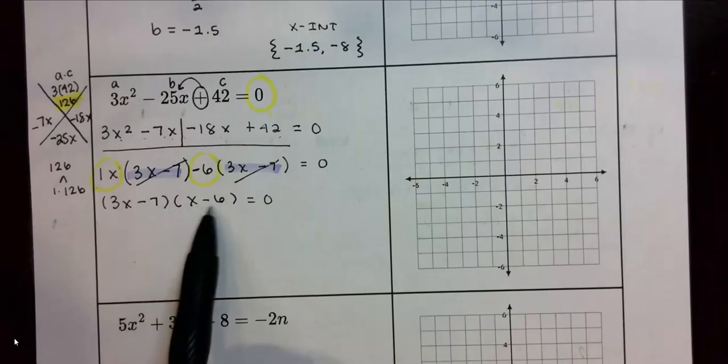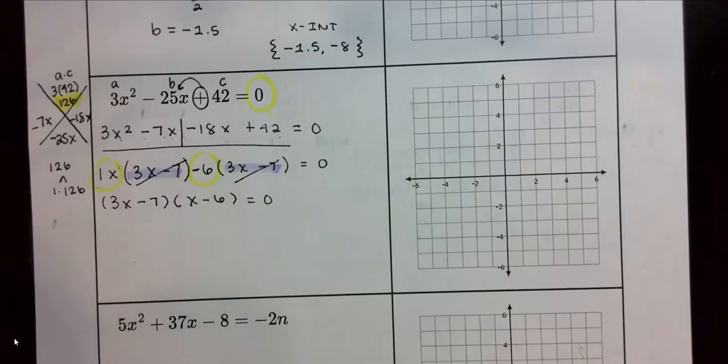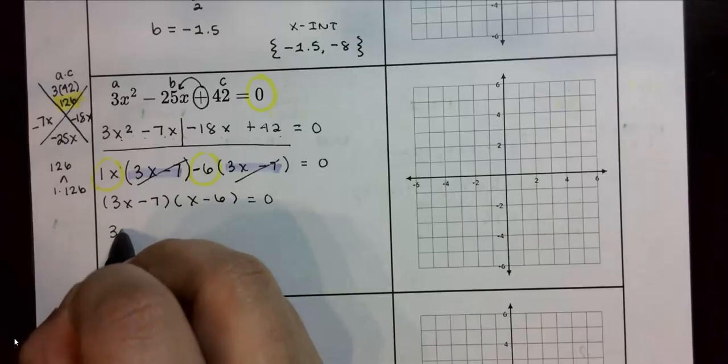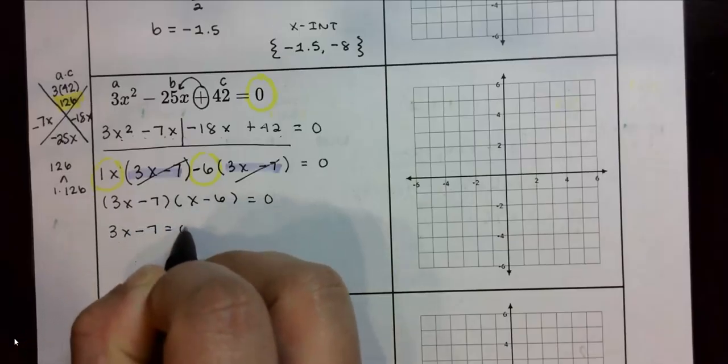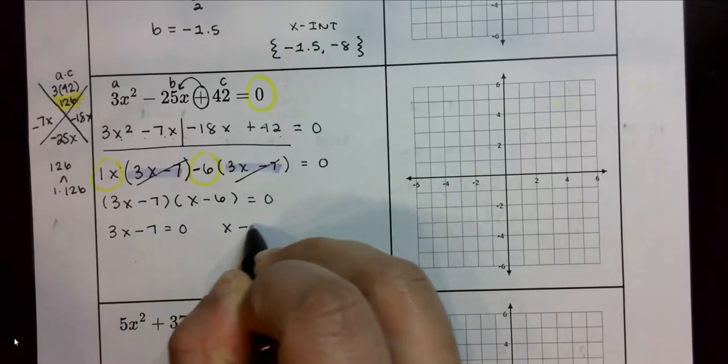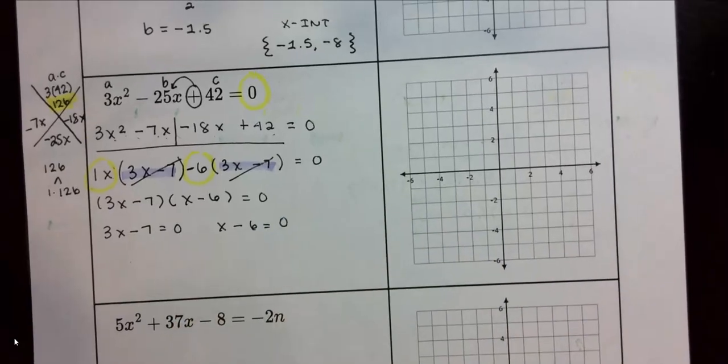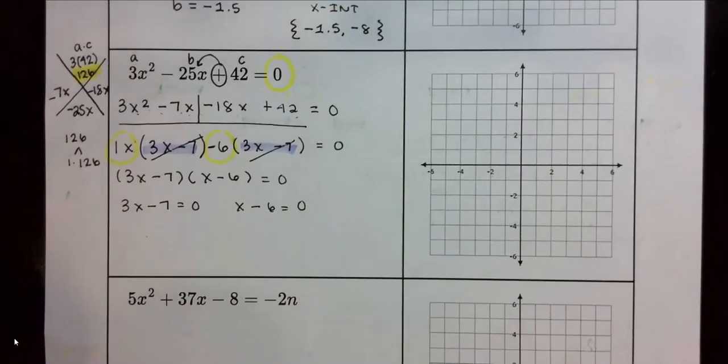All right, we have two sets of parentheses. They cannot factor any further. Nothing divides into 3 and 7. Nothing divides into 1 and 6. So we can now say 3x minus 7 equals 0. Then we get to say x minus 6 equals 0. And then we're going to solve each one of these so we can graph it out.